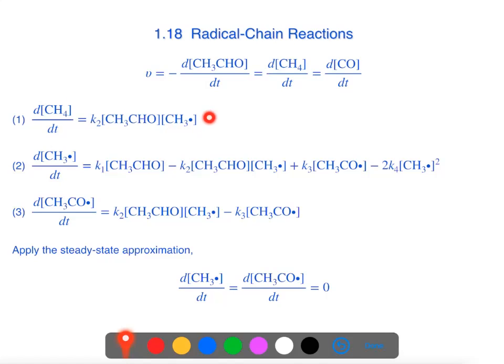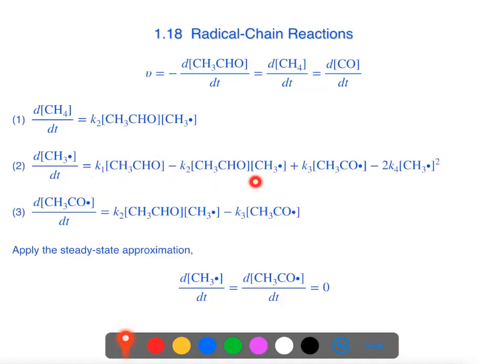Because the methyl radical concentration is found in our overall expression for the rate of methane formation, we're going to need to solve for its rate of change in this particular question. And that gives us equation 2. So the rate of formation of the methyl radical, because the methyl radical appears in each of the four steps, we're going to have four terms associated with its formation. It's formed in the first step with a rate constant K1 and dependent upon the ethanol concentration.